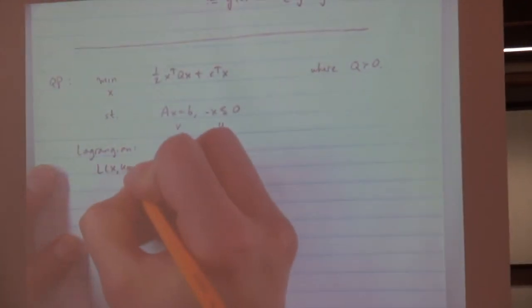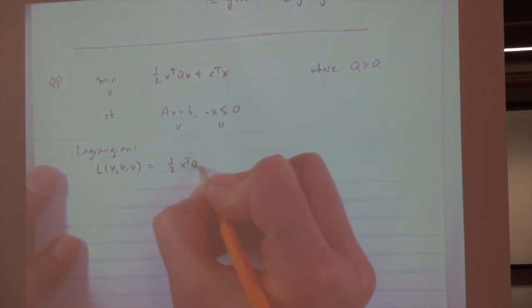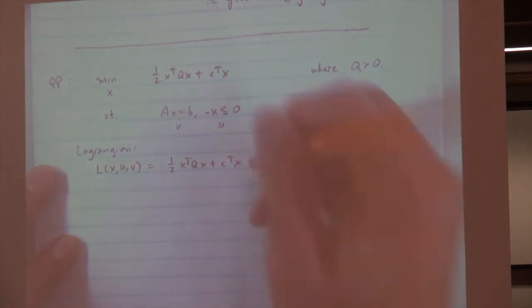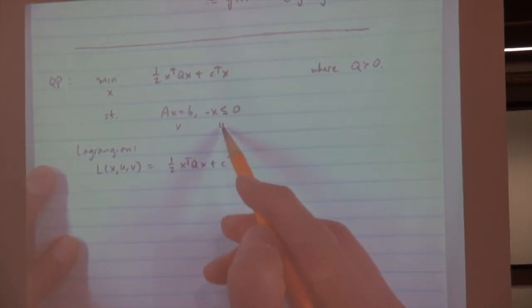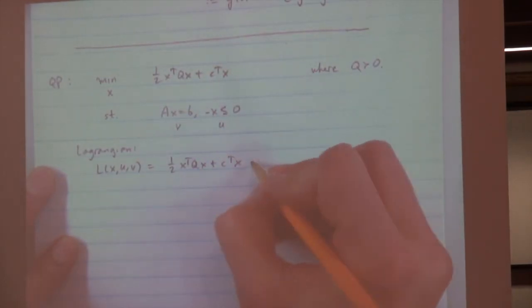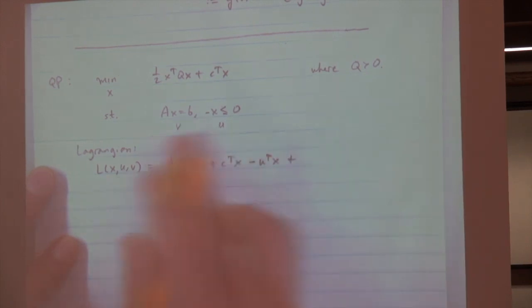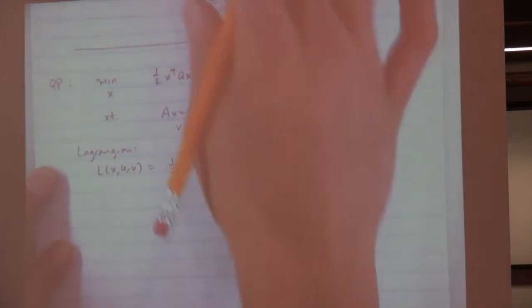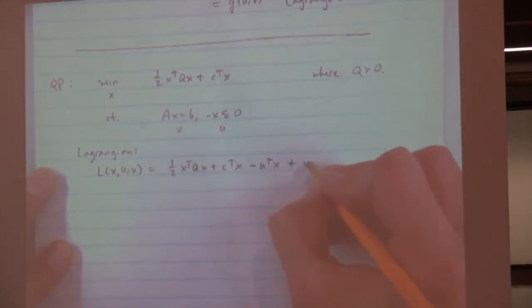And L of x, u, v is equal to the quadratic, which is our criterion, plus u transpose times minus x, because I'm taking the sum of u_i times minus x_i. So let's write that as minus u transpose x. And the sum of v_i times each of these equality constraints, a_i transpose x minus b_i equals 0, which I can just write as v transpose (Ax minus b).